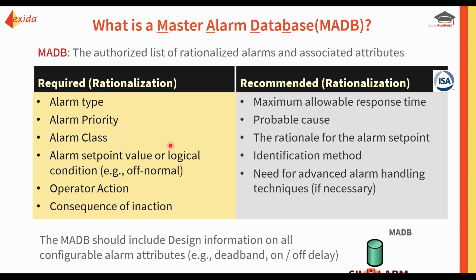So it basically means that the results of rationalization for each alarm, which includes things like priority and set point, which are two attributes that are prime candidates for auditing, along with the other attributes that make up the rest of the design for the alarm, like deadband and on-off delay that we showed on the previous page.